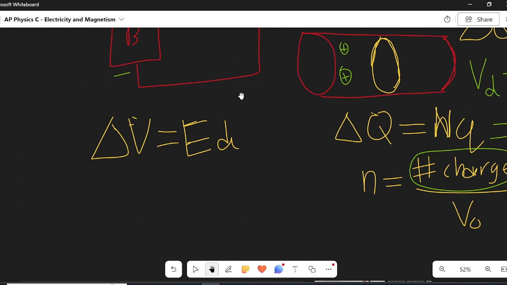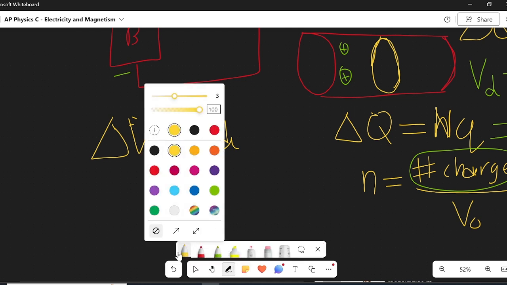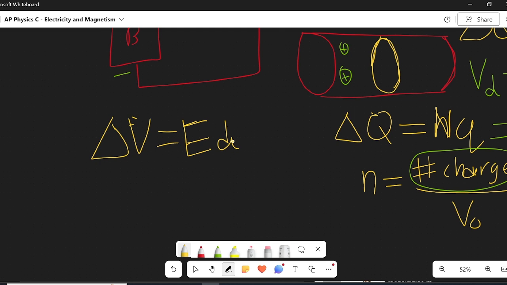So if we do something like this and then solve for electric field, because we're using distance here, and this is a circuit, we'll replace this D with an L. This L will be the length of the actual wire we are considering. So if you solve for the electric field, the electric field equals delta potential divided by length.